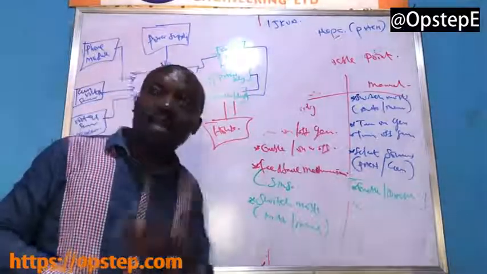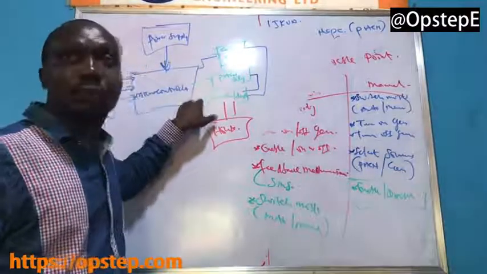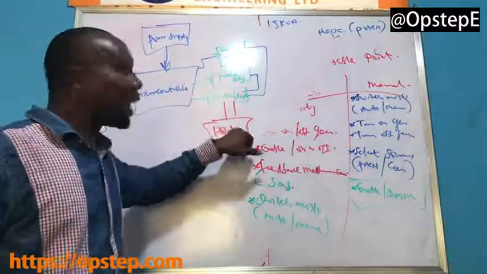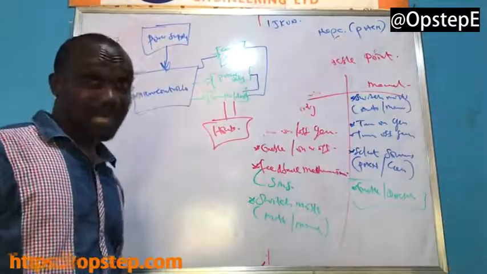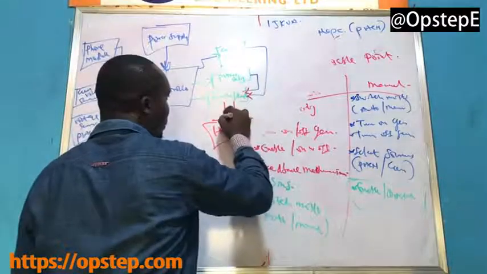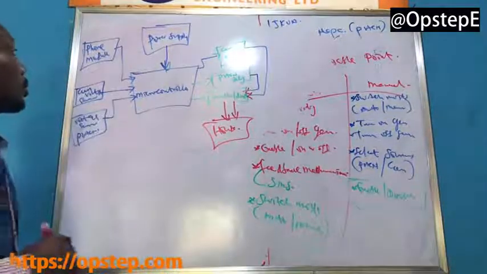But the moment it comes down to manual mode, this enable disable line will wait for you to either enable or disable it for there to be light, whether from generator or from NEPA. Is it making sense? So let me draw the arrows here. This comes here, this has come here, and this has come here. Does it make sense? Okay.